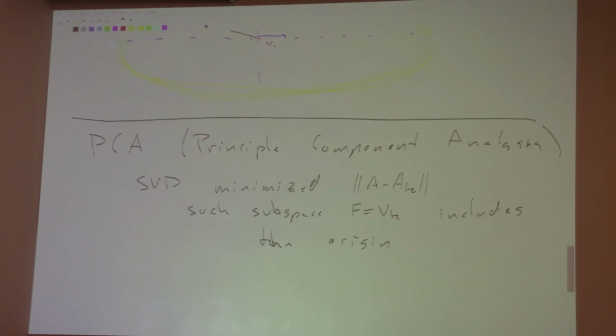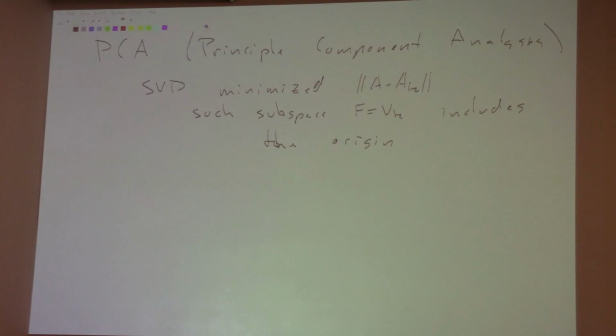For PCA, you might not want to do that. You may have that your original coordinate system looks like this, and your data points look like this. And so now the best subspace that goes through the origin is going to be V1 based on the SVD.